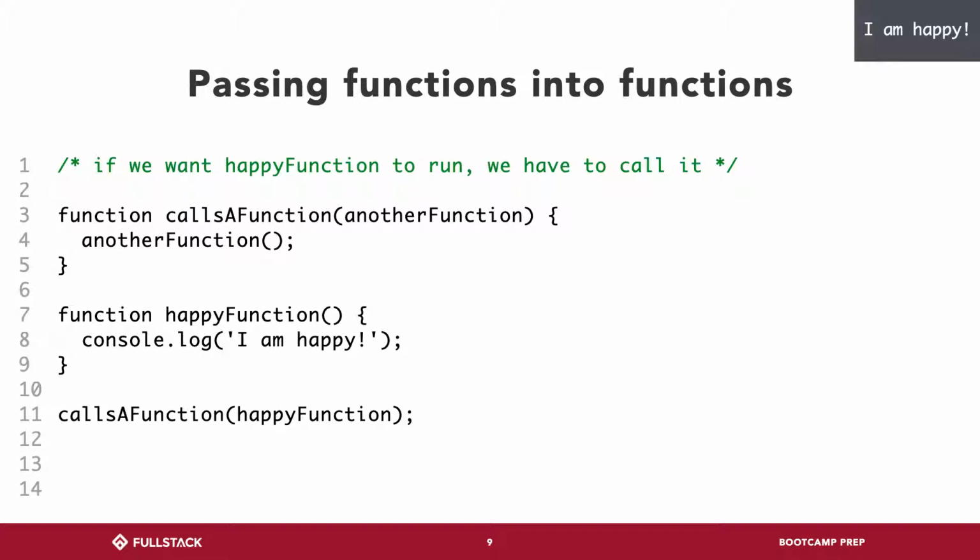Calls a function is being invoked with happy function. Happy function console logs I am happy. You take this whole thing, throw it in here, another function is being invoked, and it console logs I am happy. Cool?